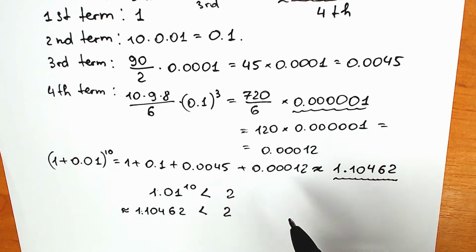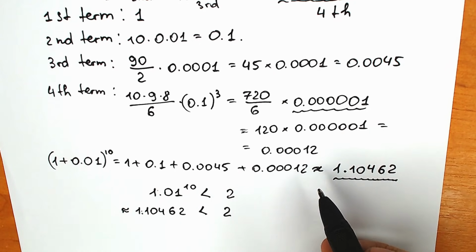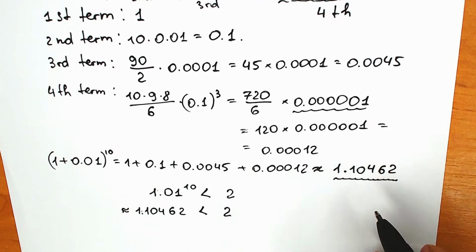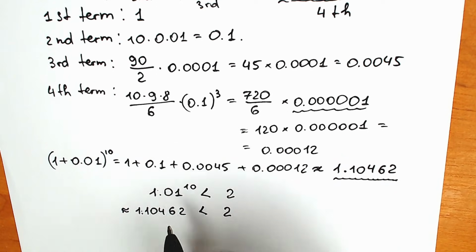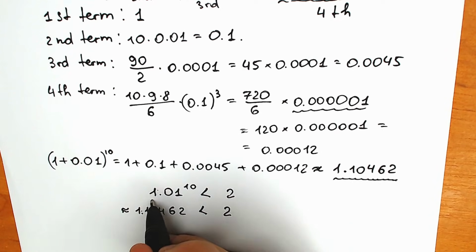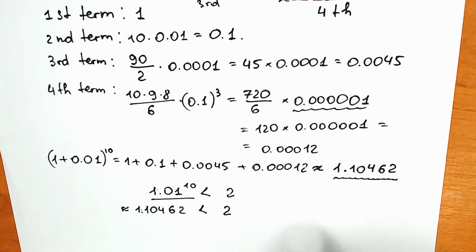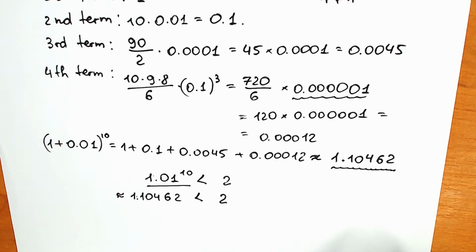Each step is roughly 100 times smaller than the previous one. So it's absolutely enough for us to say that this expression on the left side is smaller than 2. And of course, 1.01 to the power 10 is significantly less than 2.